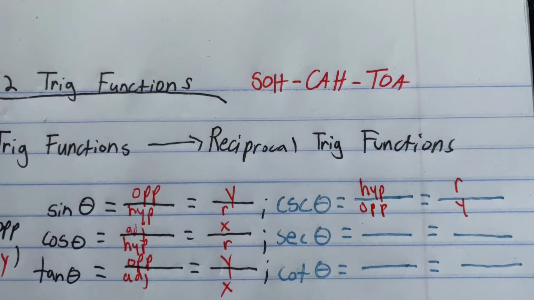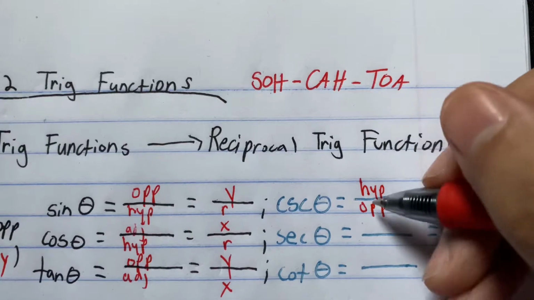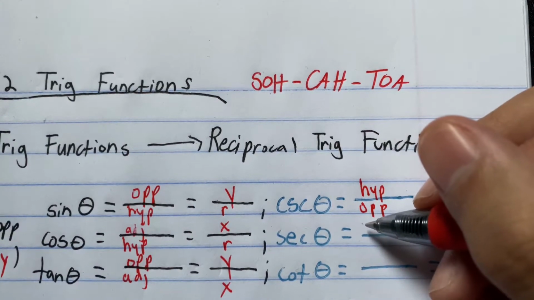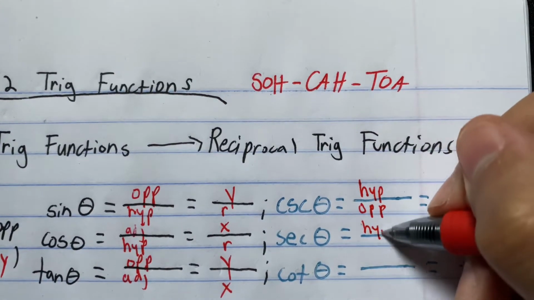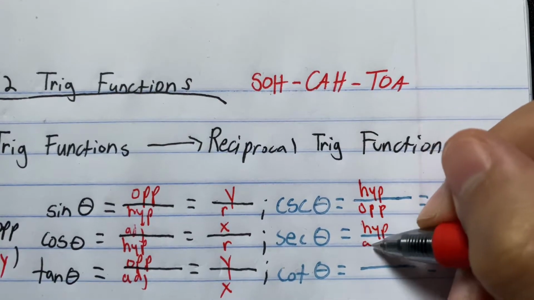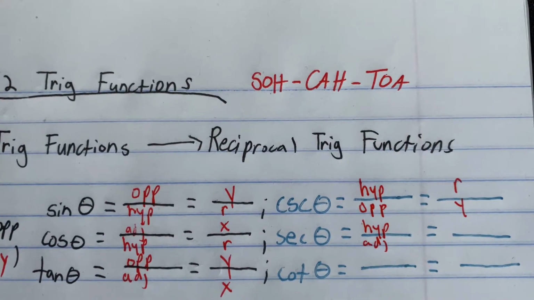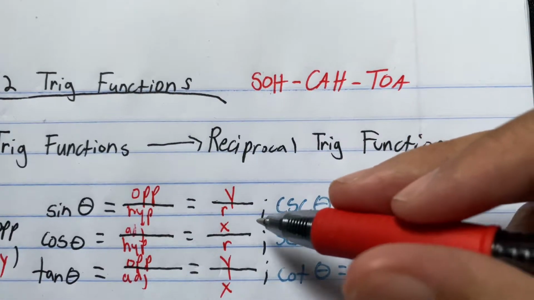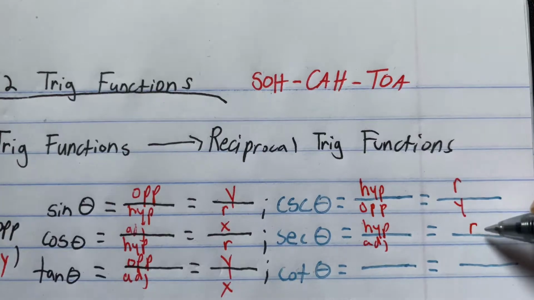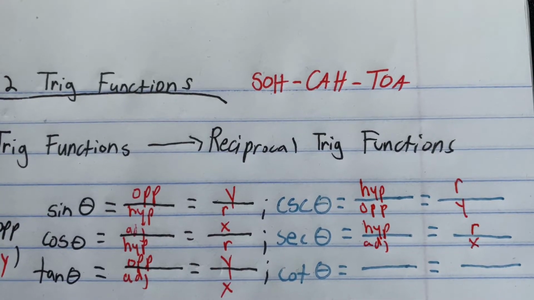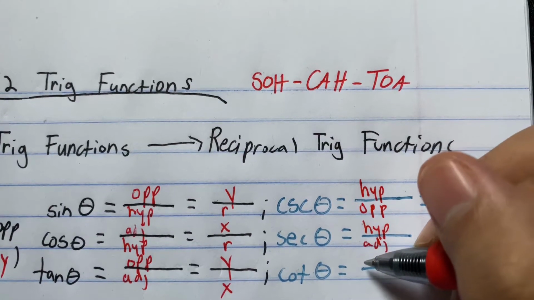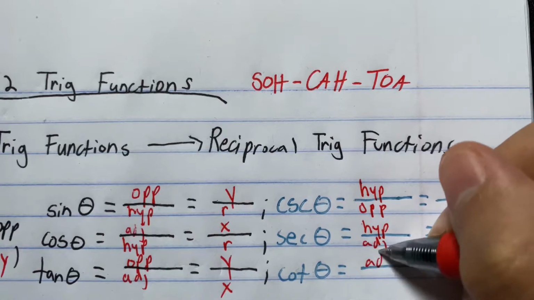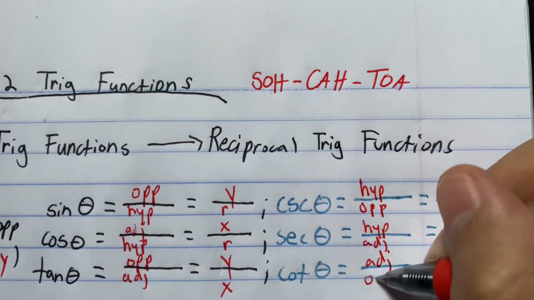And then secant is the reciprocal of cosine, so it's hypotenuse over adjacent. If cosine was X over R, now this is R over X. And then lastly, instead of opposite over adjacent, cotangent would be adjacent over the opposite.